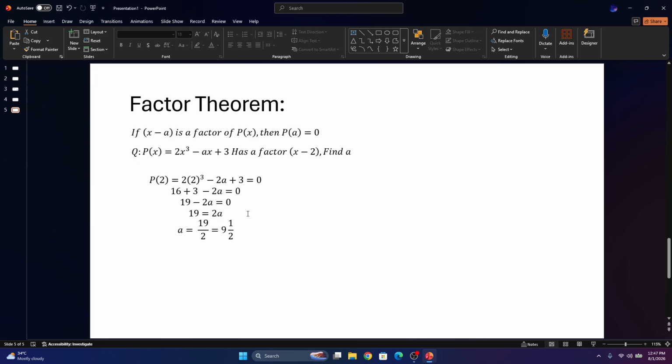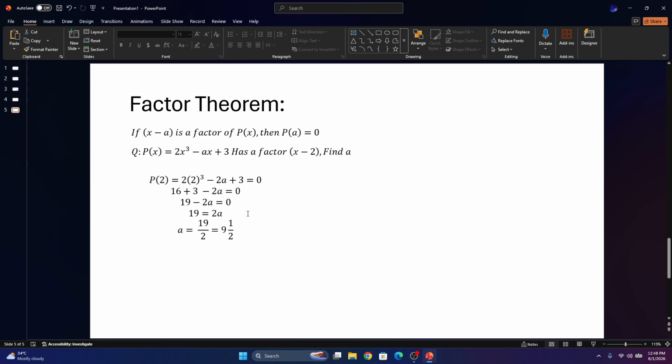However, the quotient is going to be the other factor of the dividend itself. So if we are dividing a polynomial by a divisor, and both of them are non-linear, where the divisor may have x to the power of 2 or 3, then we can use long division to find the other factor of the dividend.